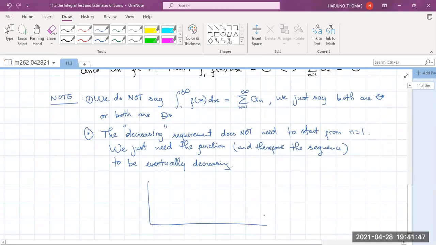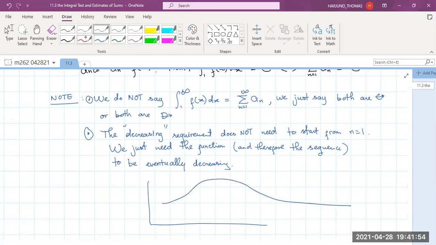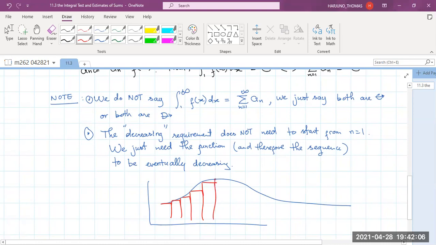Your curve, your graph may look like this. Now the first couple terms may not satisfy the integral test, right? But the first couple terms do not decide if the series is convergent or divergent. As long as it is eventually decreasing, then eventually this test applies.